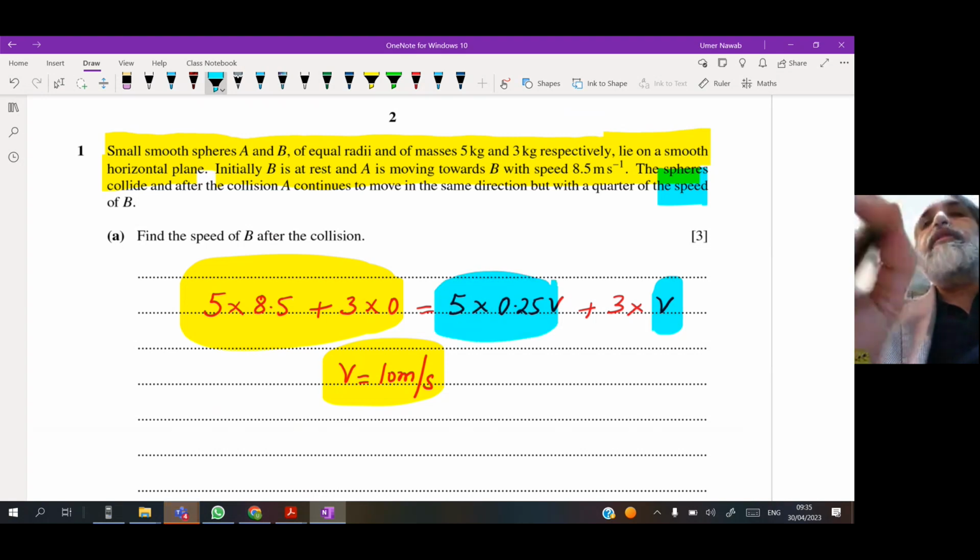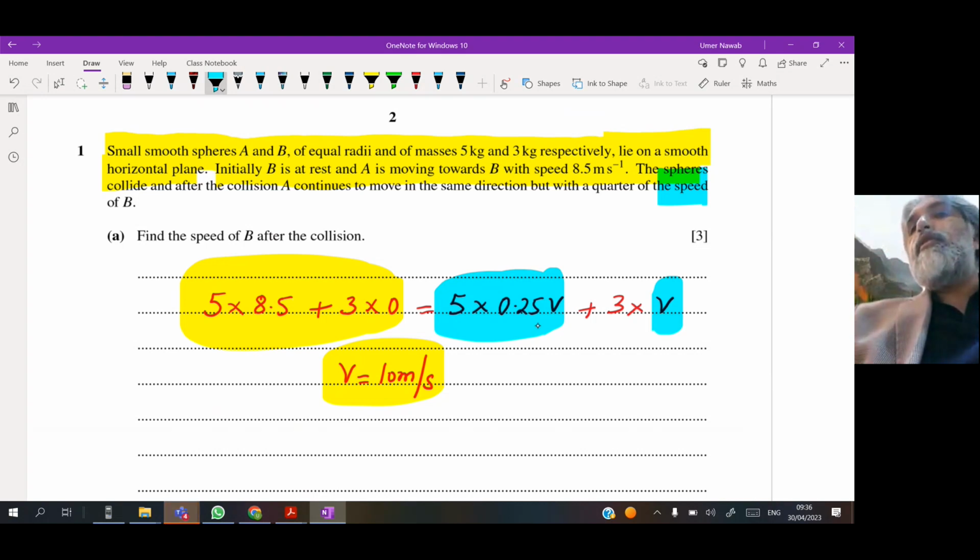So the total momentum of particle A after the collision would be mass times its quarter speed, plus the total momentum of particle B, which will be the mass of B, 3, moving with the speed of V. Got it? So we have only one equation.